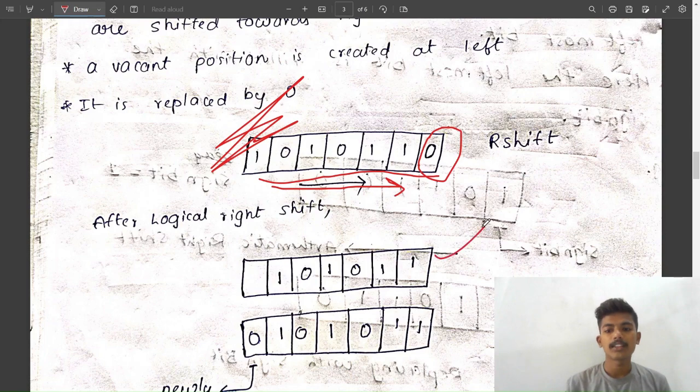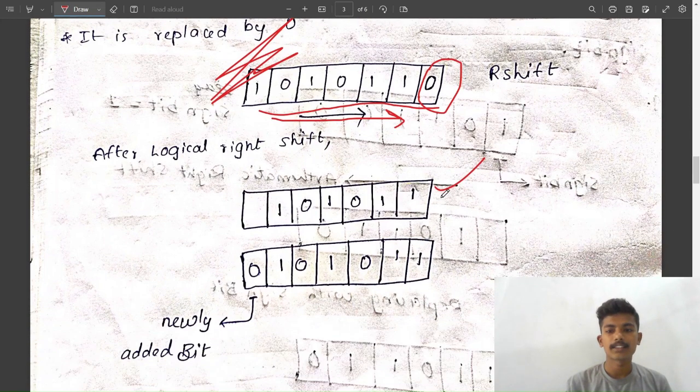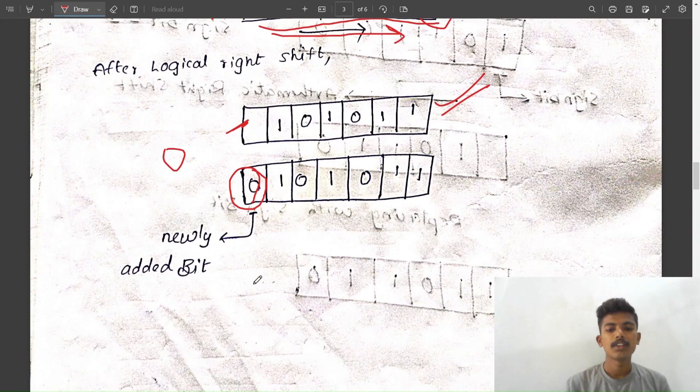After that we get the data as this one. Here all the bits are shifted towards the right side and a vacancy is created at the leftmost bit. In this logical right shift, the vacancy created is replaced by 0.